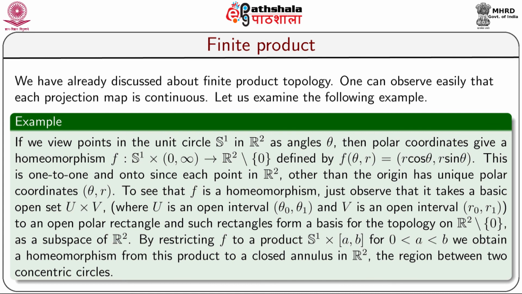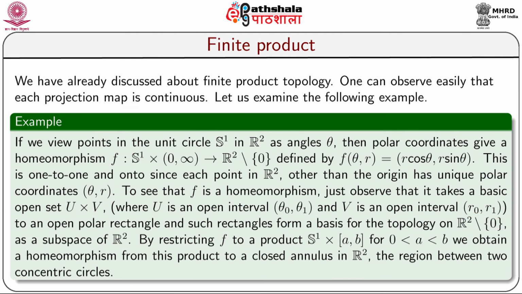To see that f is a homeomorphism, just observe that it takes a basic open set of the form u cross v, where u is an open interval theta 0 to theta 1 and v is an open interval r0 to r1 of values r, to an open polar rectangle, and such rectangles form a basis for the topology on R2 minus 0.